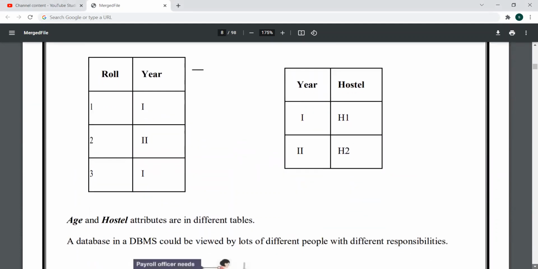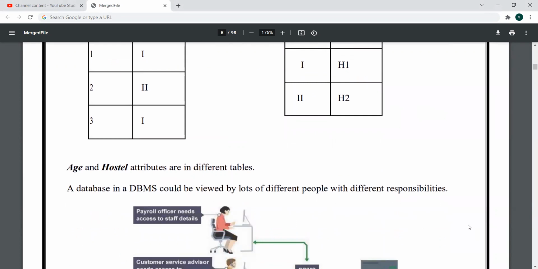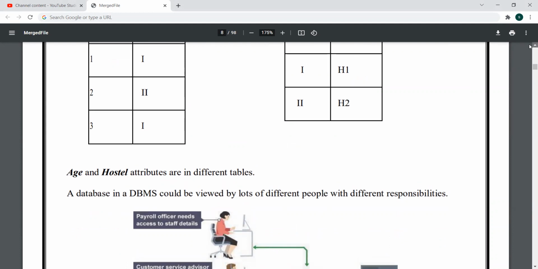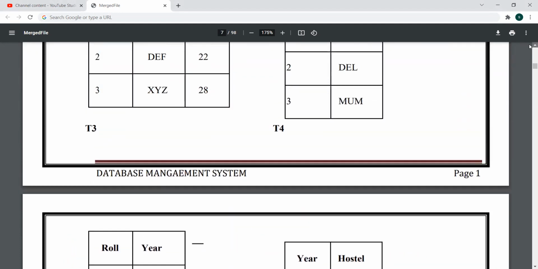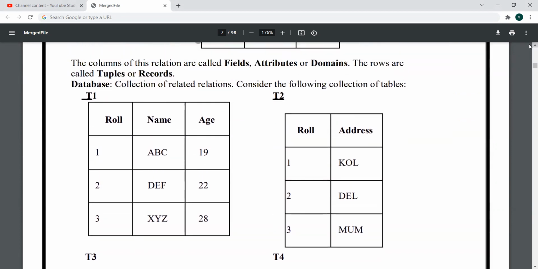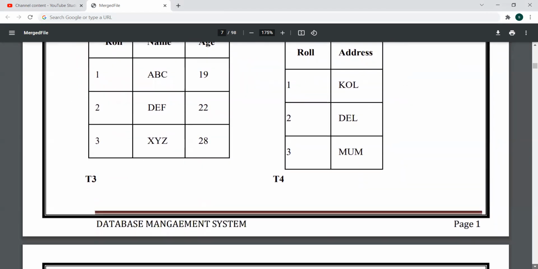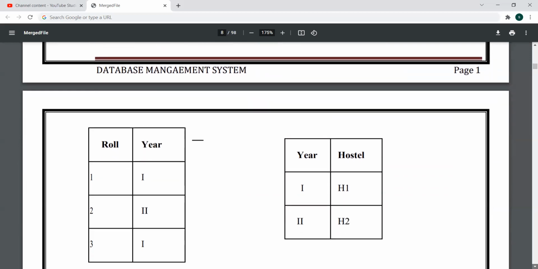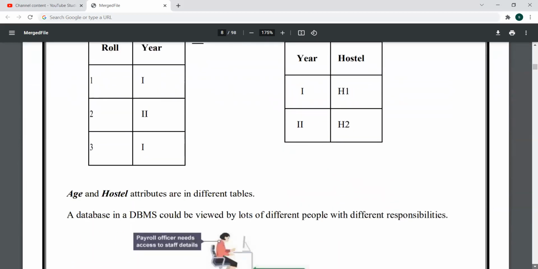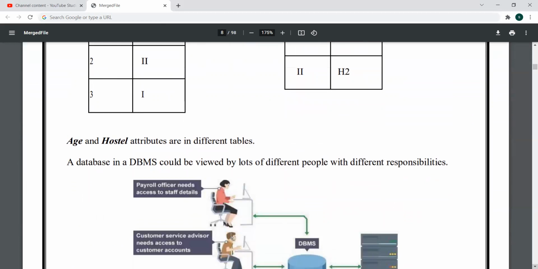Next, year and hostel. Age and hostel attributes are in different tables. Age is one column and hostel is one column.